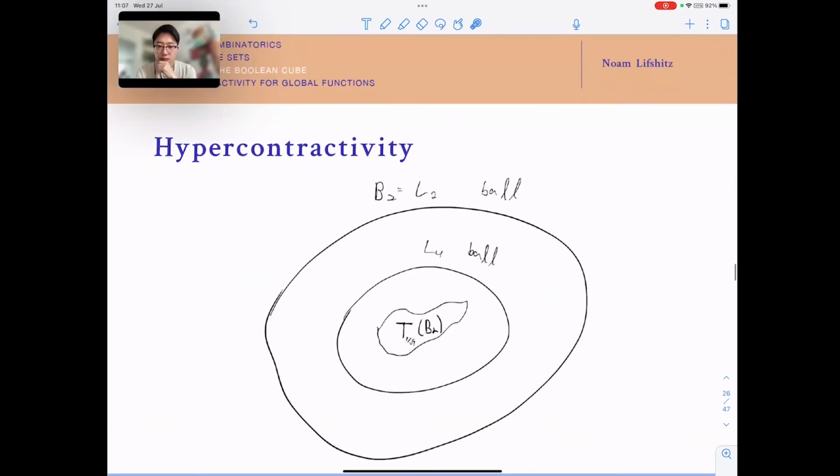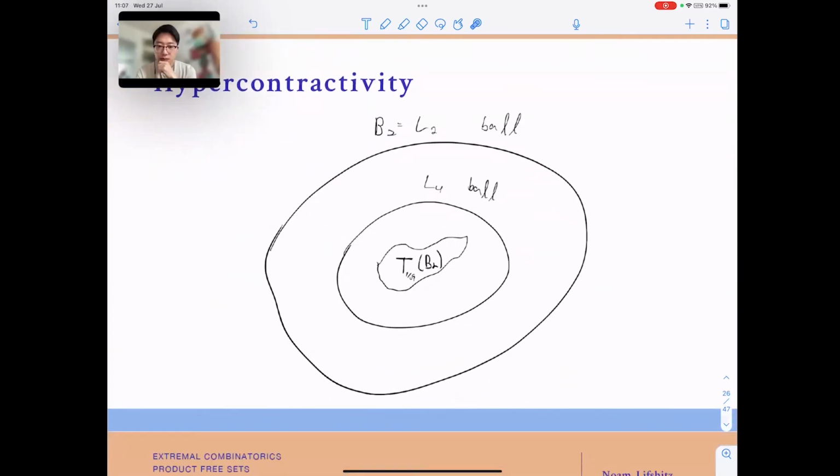Okay, so now we can talk about the actual definition of hypercontractivity. And you can think of it geometrically in terms of L2 balls and L4 balls.